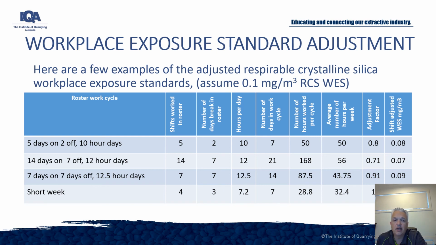The interesting one is if you do a shorter week, say you work only 4 days on and have 3 days off, and you're only working 7.2 hours, you still will come up to 0.1 milligrams per cubic meter as your shift adjusted exposure. Even if you do less than 40 hours, it's still going to be 0.1. It doesn't go up higher. It will be 0.1 if it's shorter than a 40-hour week.